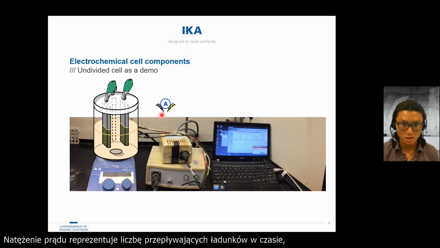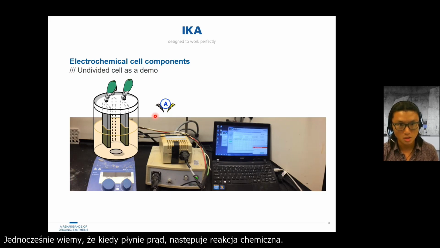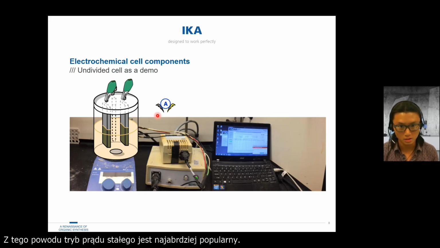Current represents the rate of electron movement, and by defining a certain rate within a certain period of time, we can make sure how many electrons are passing through the reaction system. So as long as there is some reaction happening, we can make sure of the chemical conversion. And that is why constant current is the most common reaction mode.